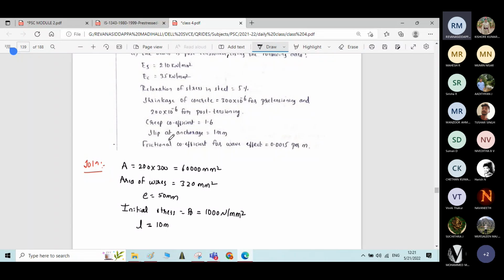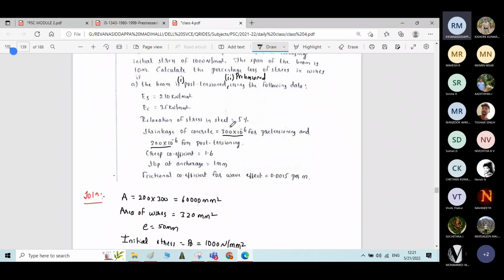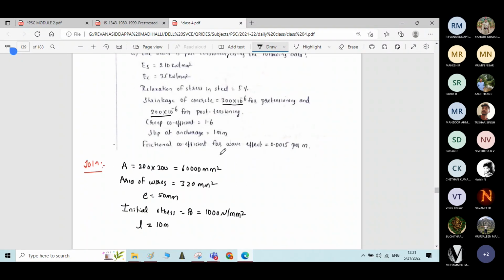The shrinkage of concrete for pre-tensioning is 300 into 10 power minus 6, and for post-tensioning 200 into 10 power minus 6, which means we have to do individual calculations for both cases. When the beam is pre-tensioned, what will be the loss? When the beam is post-tensioned, what will be the loss? For both cases, we have to perform the calculations. Creep coefficient is given, slip of anchorage is given, and frictional coefficient is also given.